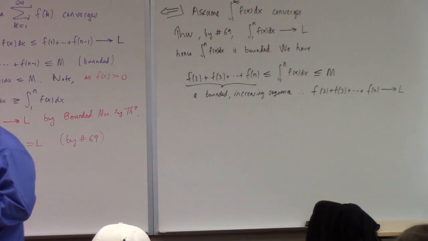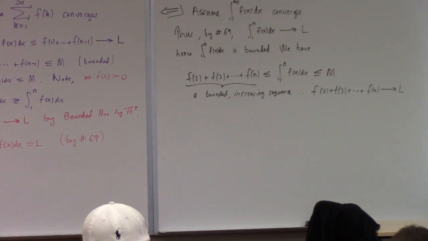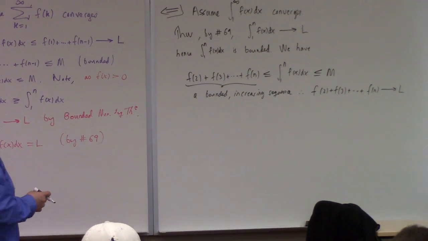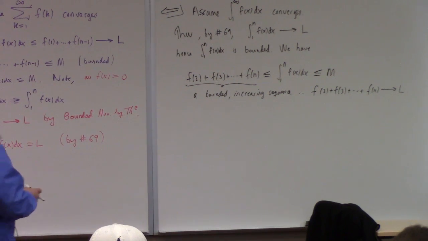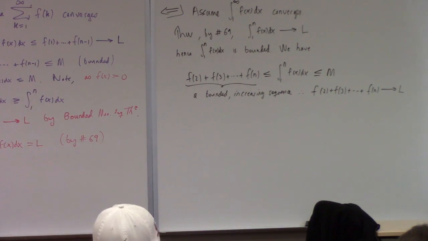That's almost what we want. Almost. Because what do we need? We need f of 1 as well, right? If that converges to L, surely if you add a number to something that's convergent, it doesn't change the convergence, right?